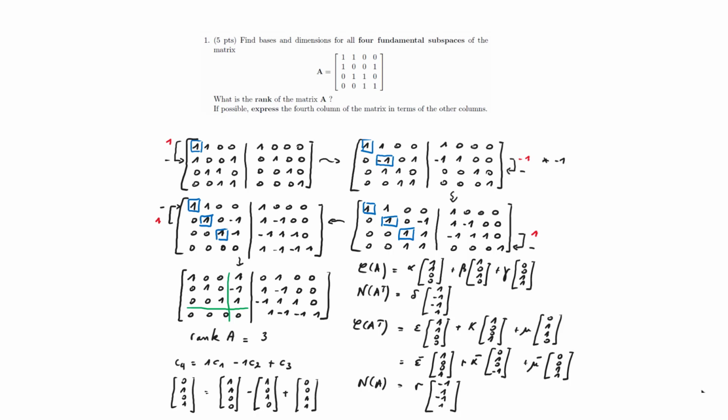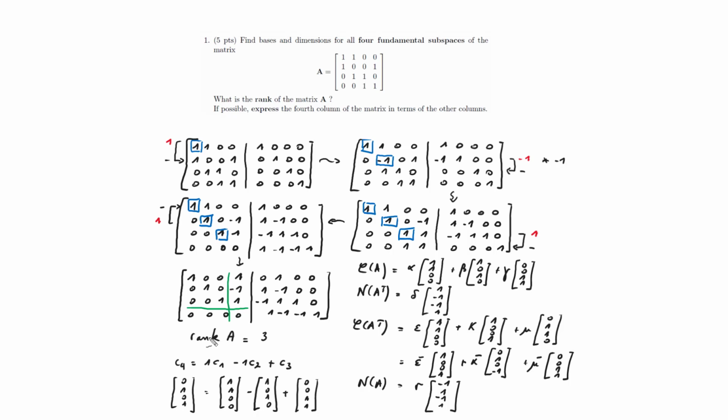We have seen that the first 3 columns of A are independent, but you can see that the 4th column depends on the first 3 columns, and you can see the linear combination from the coefficients over here.